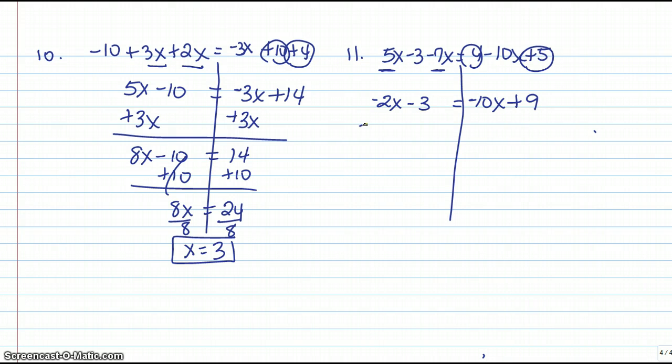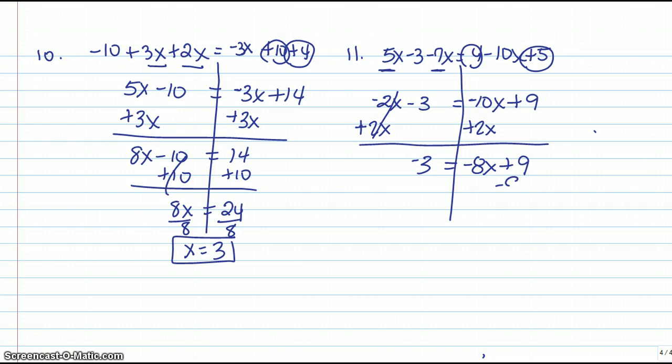I'm going to get my x's together. So I think I want to do plus 2x here, and obviously I've got to add it to the other side as well. This was a negative 2x, so I add a positive 2x. So on this side it's negative 3, negative 10x plus 2x is negative 8x, and I've got my plus 9.